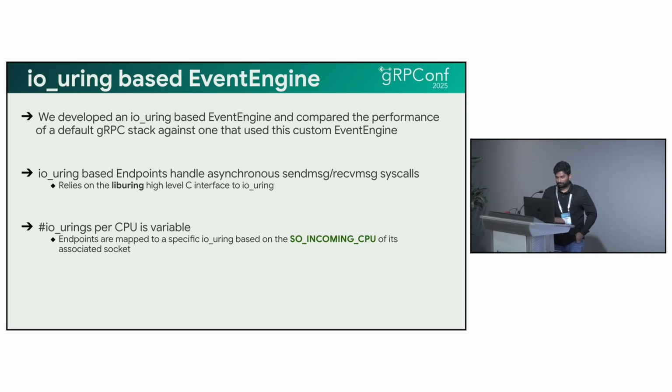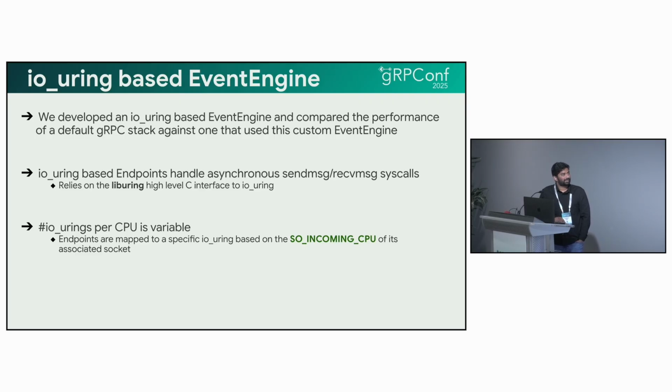In our prototype, we developed an IO Uring based event engine, and we compared the performance of the default gRPC C++ stack against one that used this custom event engine. We implemented endpoints that can handle asynchronous send message, receive message syscalls.